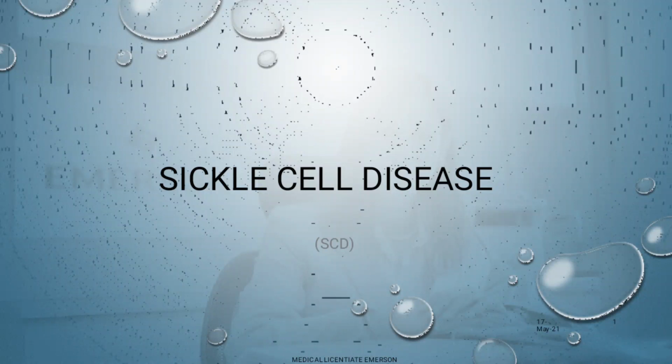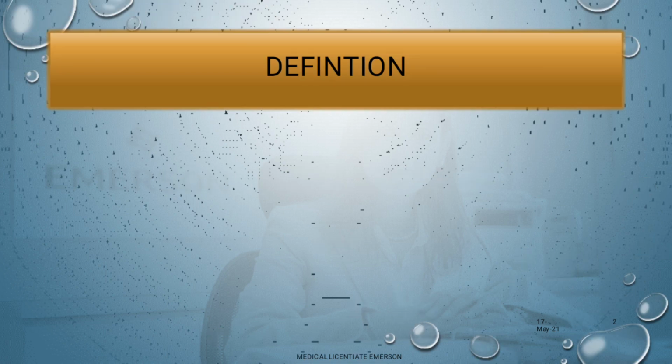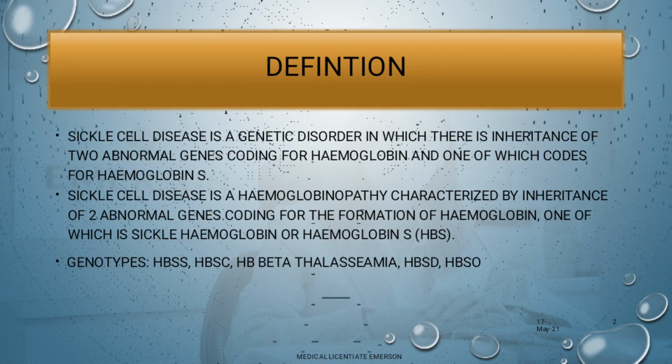So today we are going to go through sickle cell disease. In terms of definition, it can be defined as a genetic disorder in which there is inheritance of two abnormal genes coding for hemoglobin, one of which codes for hemoglobin S. Or you can also define it as a hemoglobinopathy, which is characterized by inheritance of two abnormal genes coding for the formation of hemoglobin, one of which is hemoglobin S, which is the sickle hemoglobin.